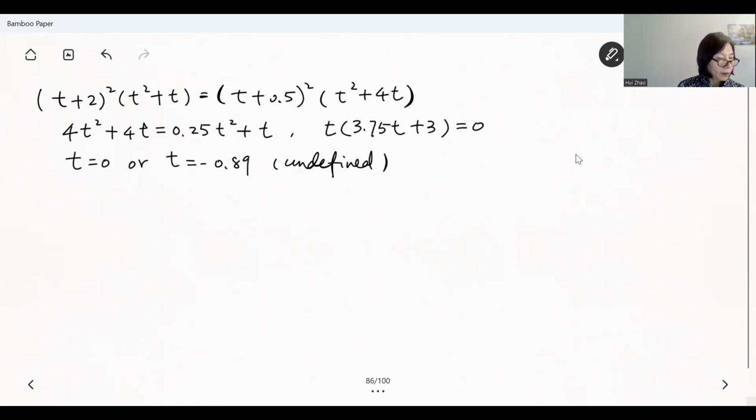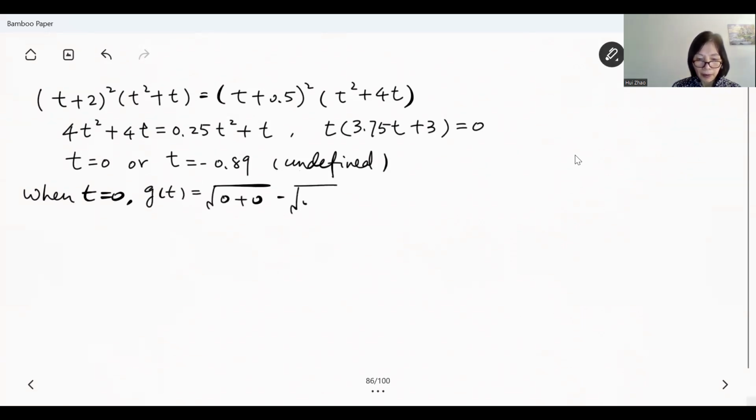So when t equals 0, we find g(0) equals 0 plus 0 minus 0 plus 0, right? So this is 0, so here y equals 0.